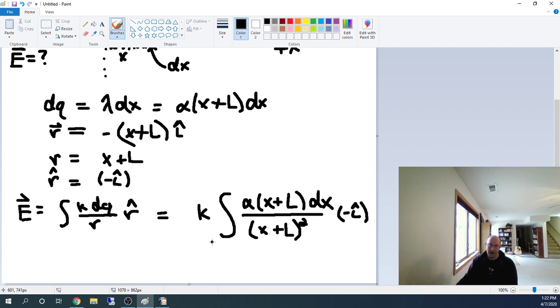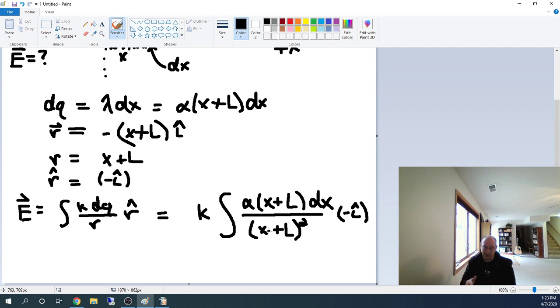All right, so now I've built this. I built the lambda so that it would do some canceling here for us. And that's typical of what you might see on an exam as well, where I make it so that the integral is easy to do.